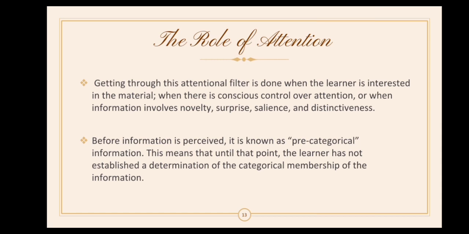This means that until that point the learner has not established a determination of the categorical membership of the information. The role of attention is to bring information into consciousness. It is necessary that we give attention to it, such that we can only perceive or remember later those things that pass through our attention gate.